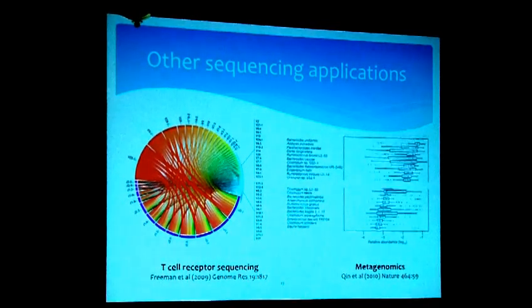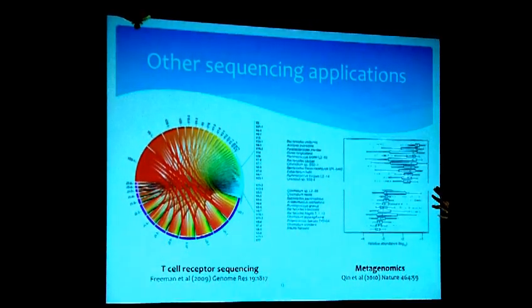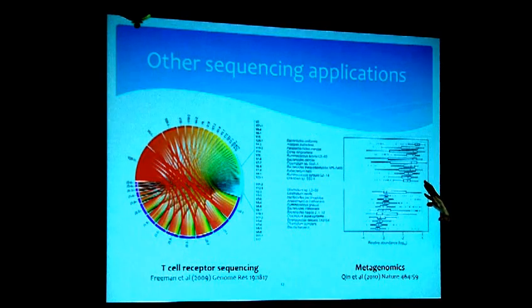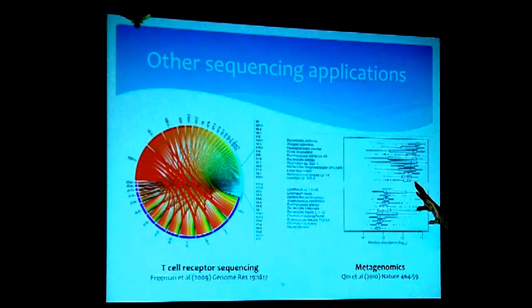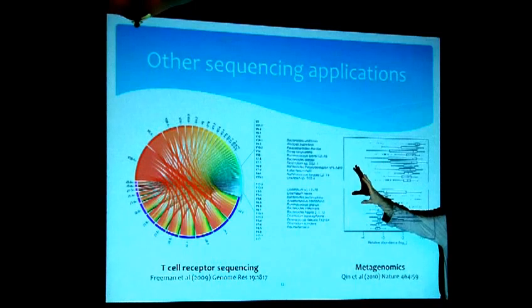Those T-cell receptors in the DNA, or when they're expressed into RNA, you can sequence, and you can get a flavor of how diverse an individual's T-cell repertoire is, or what particular kinds of T-cell receptors an individual has.